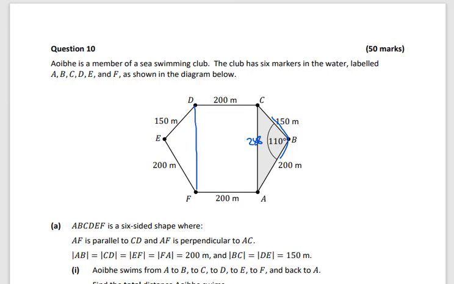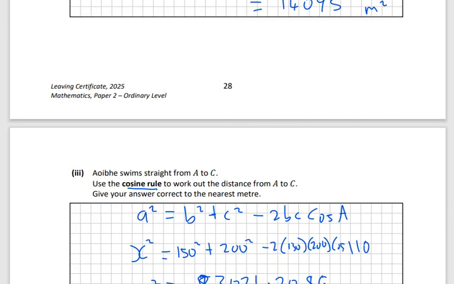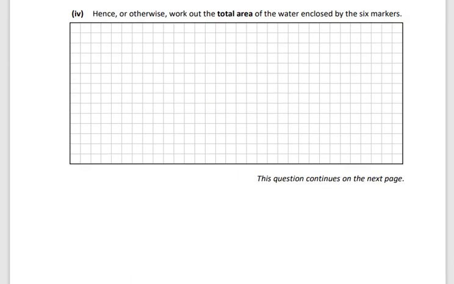So the rectangle in the middle there is just going to be 200 multiplied by 288. And it gives us 57600.